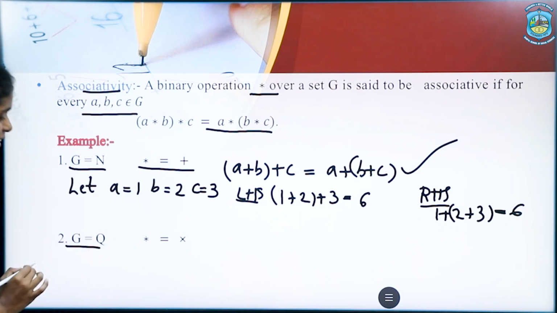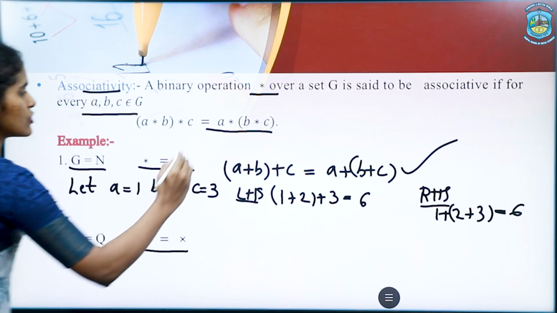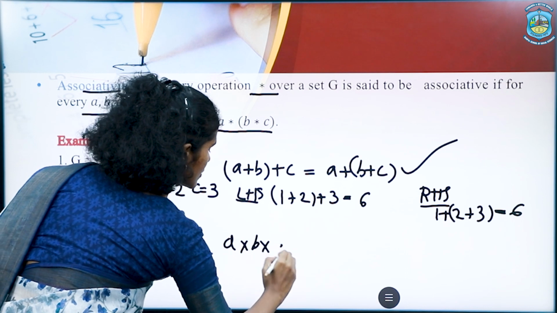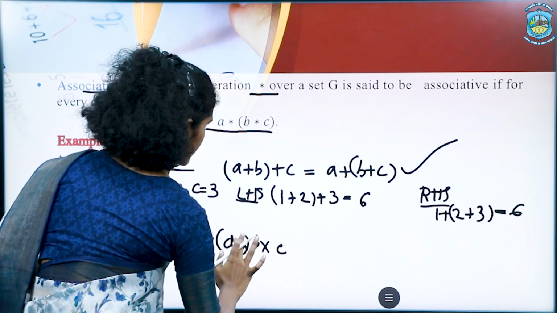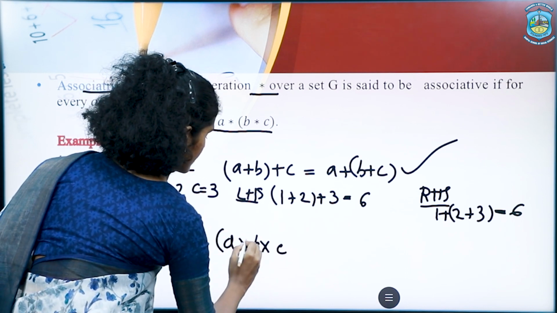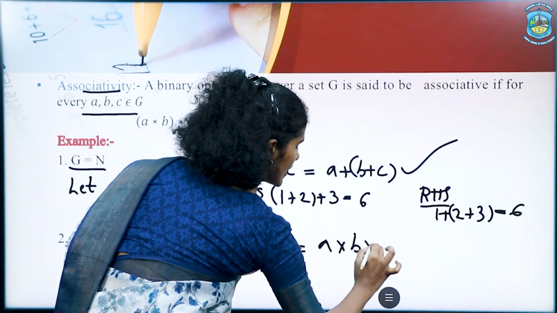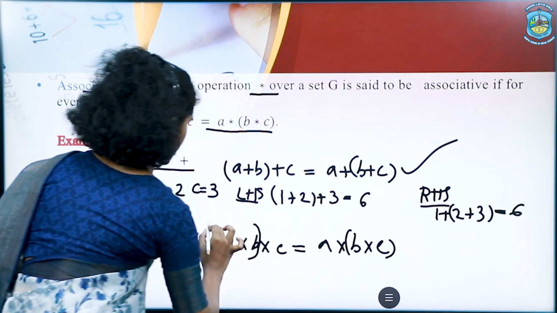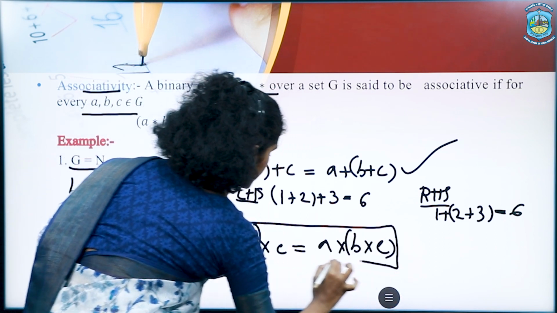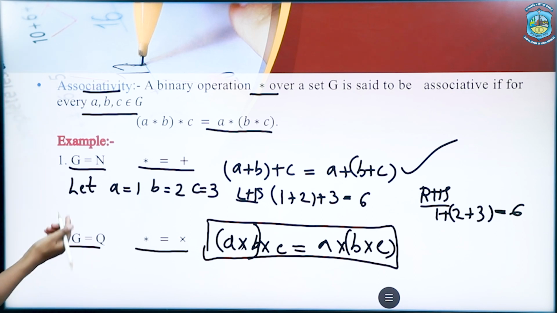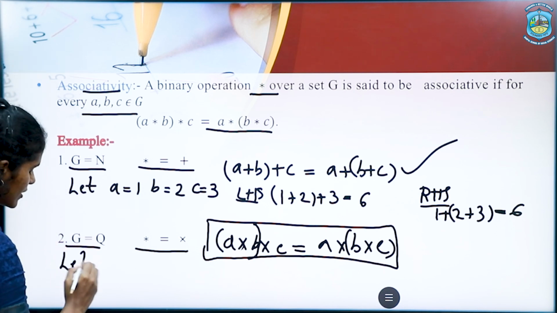Now we consider the example of rational numbers with respect to multiplication. So the condition will change into (A into B) into C equal to A into (B into C). We have to see whether this condition holds or not. Let us consider three random rational numbers.